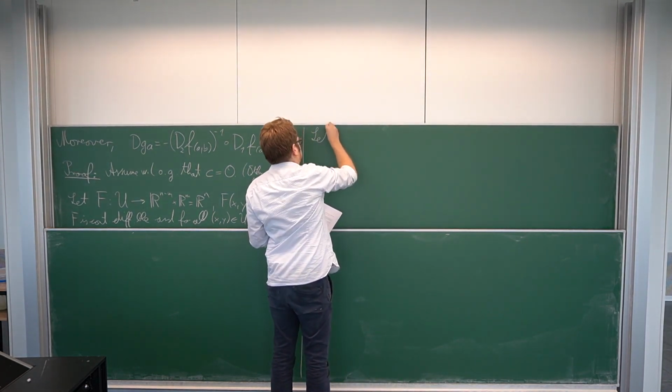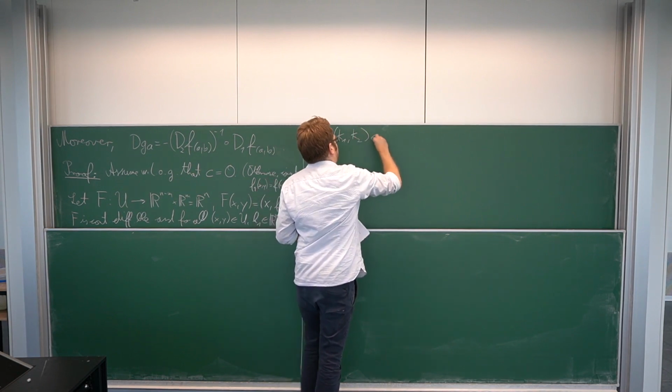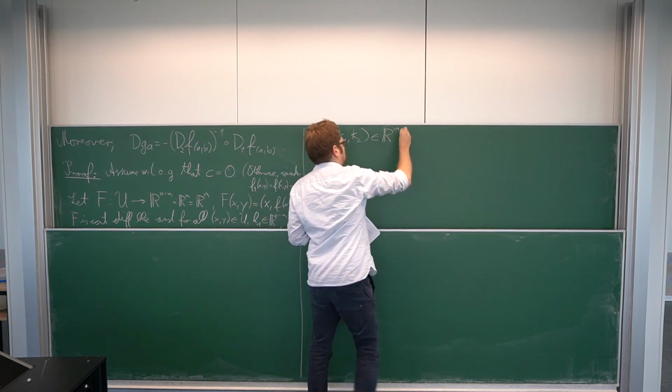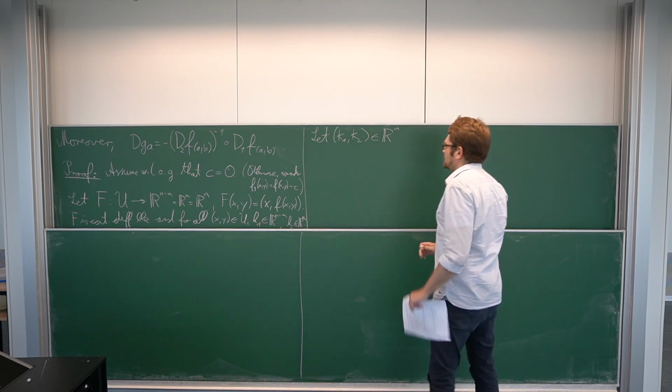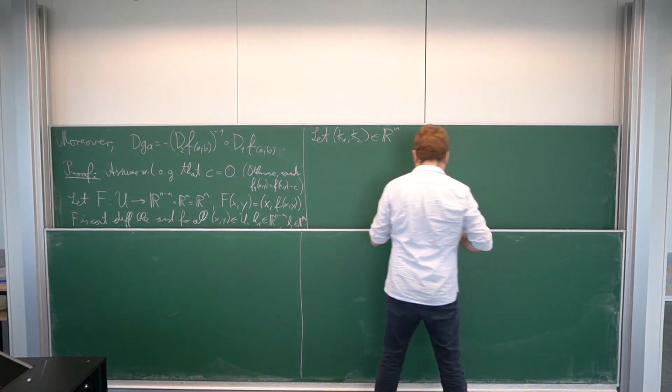Namely, we let (k1, k2) be an element of R^n, again with respect to this decomposition, and we want to show that every such (k1, k2) lies in the image of dF. Now, for this we compute.